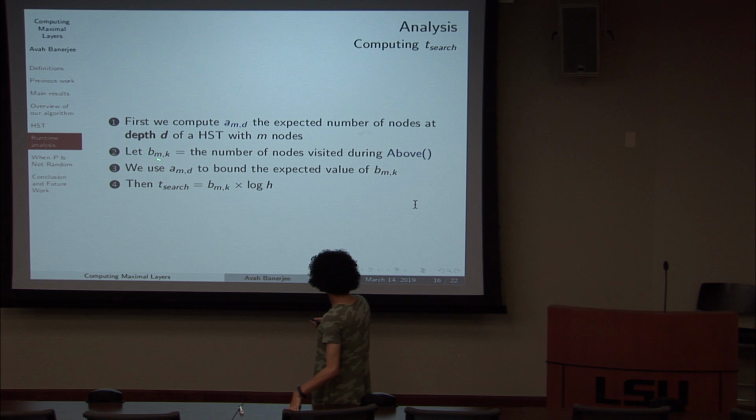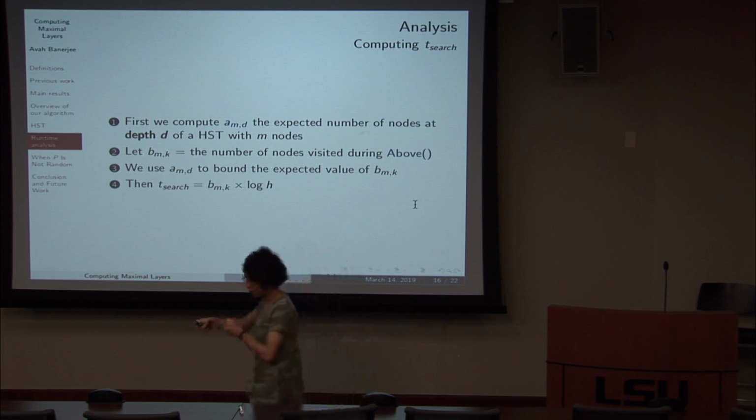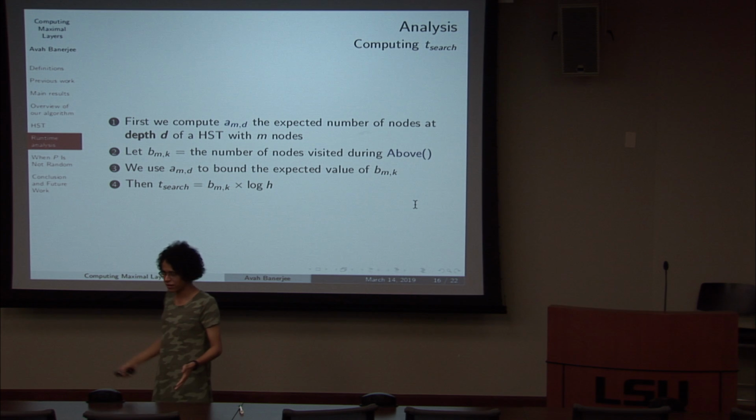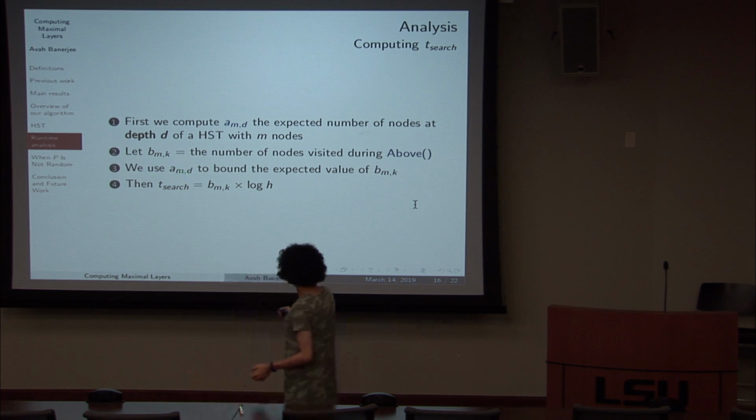So the thing we want to compute is BMK, because that's the number of queries a point will make while figuring out whether some point dominates it or not. But we do this by computing AMD because it's easier. Actually, I forgot why. Anyway.